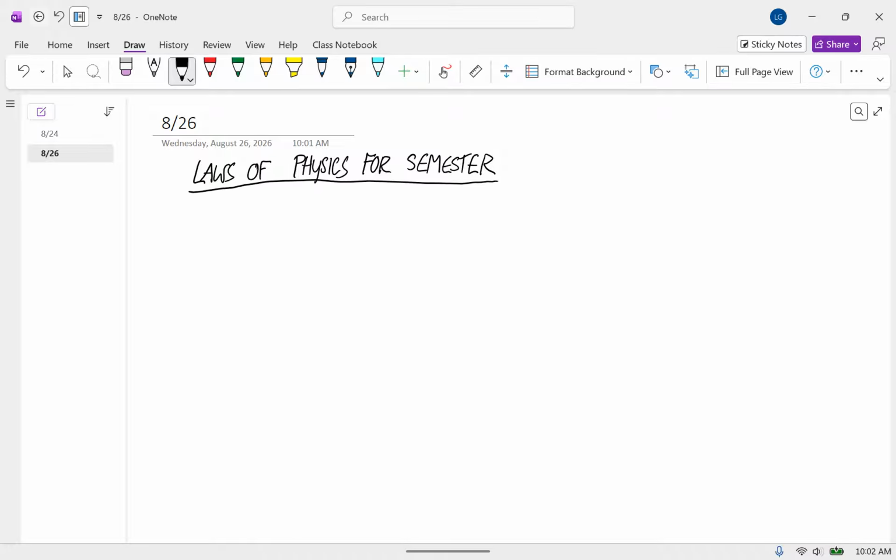The first one is conservation of energy. That's going to be the one we come back to the most often during the semester. And we'll talk about this as the first law of thermodynamics. So that's just another name for it.